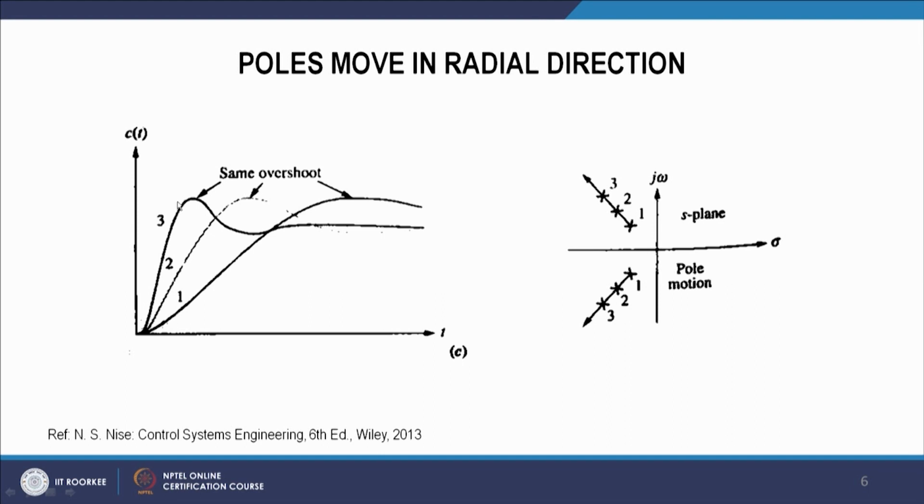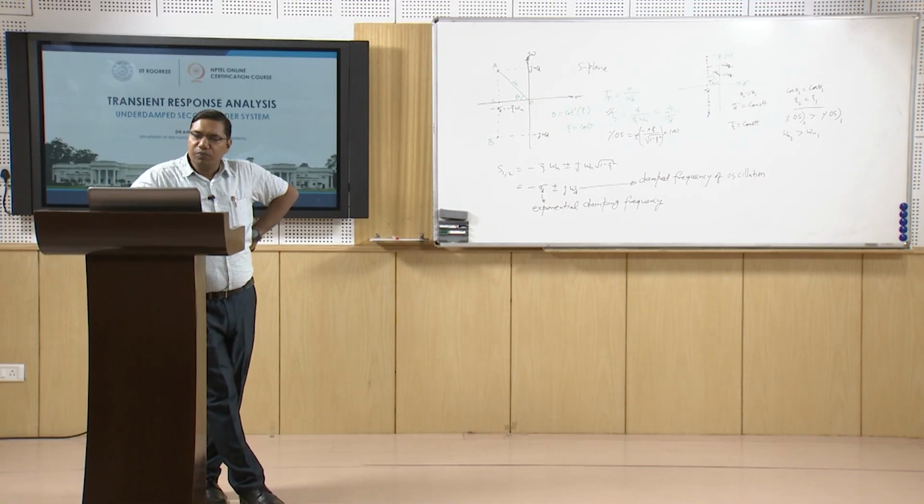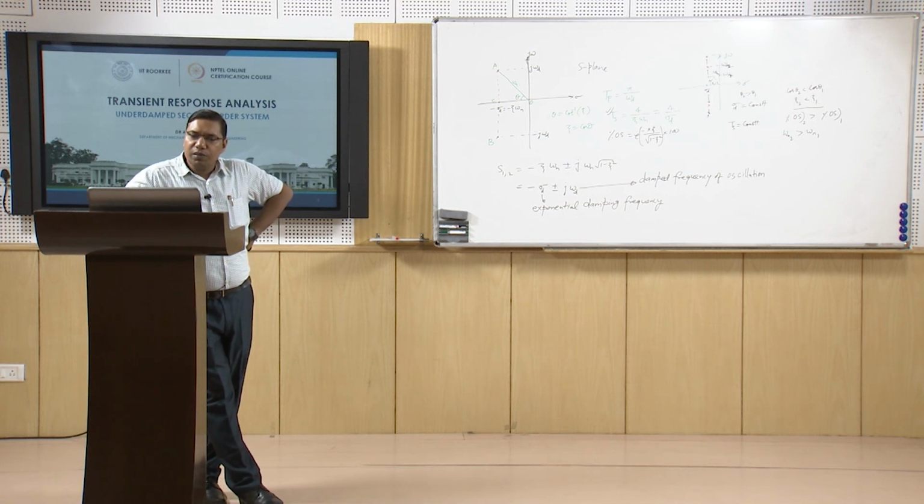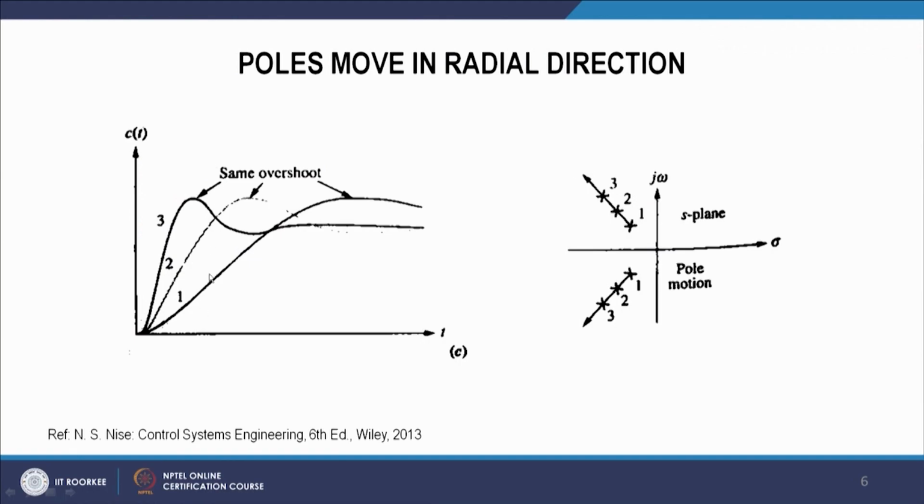So we can see from this curve we have the same percentage overshoot. However, the peak time is also decreasing because we are moving in the radial direction, so we are also increasing omega d, that is the imaginary component, and your peak time is inversely proportional to omega d, and therefore your peak time will also decrease.